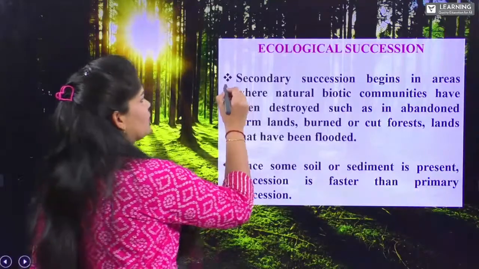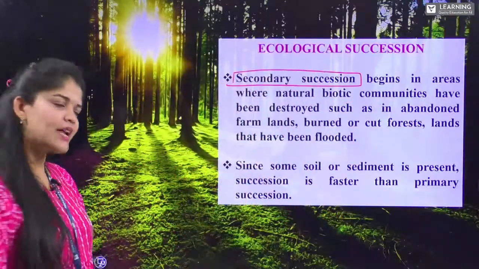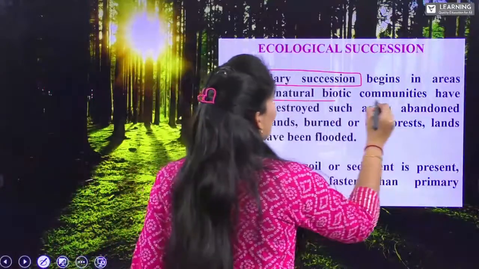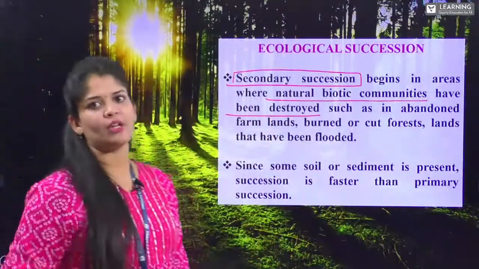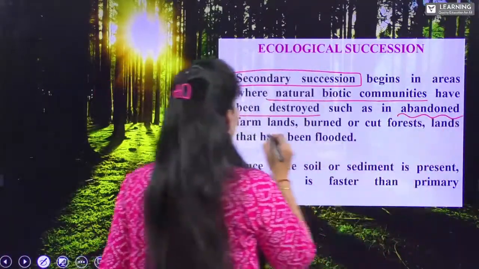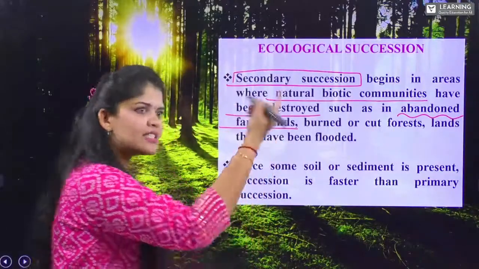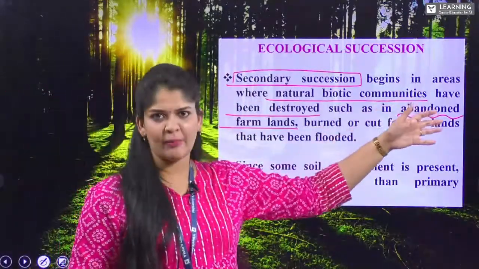Secondary succession begins in an area where natural biotic communities have been destroyed. Destroyed means they existed previously, such as abandoned farmlands. Previously there were farmlands, but they have been abandoned.